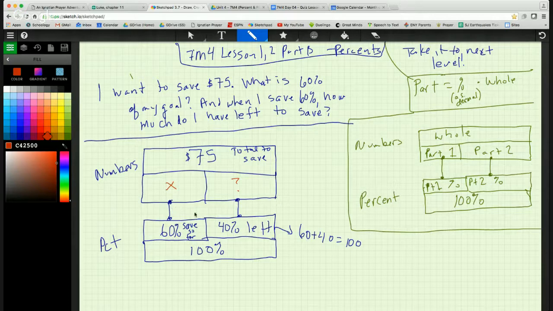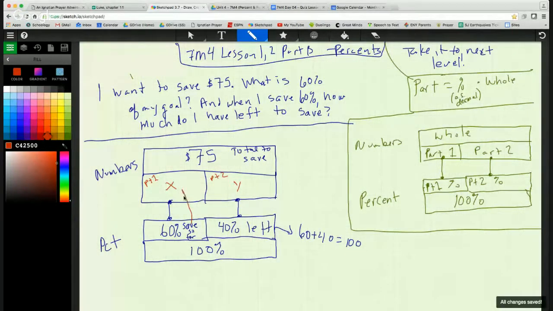So let's call this X, and we can call this over here Y. They're not the same. I can't call them both X because they're not the same amount. So here I have a part. This is my part 1, and this is my part 2. This is my saved so far, and this is my amount left.